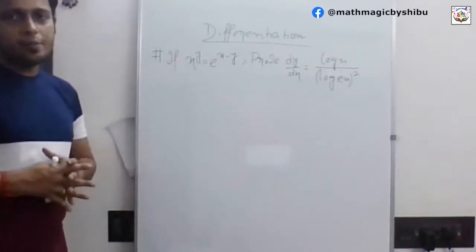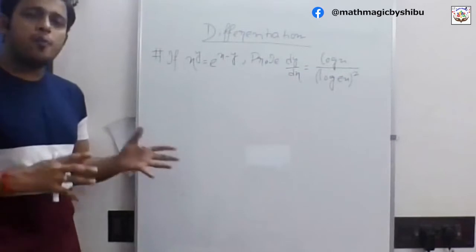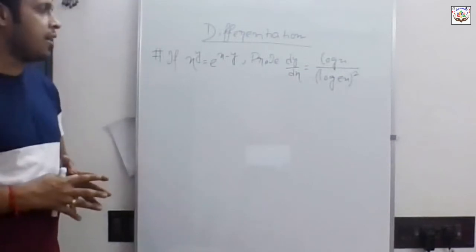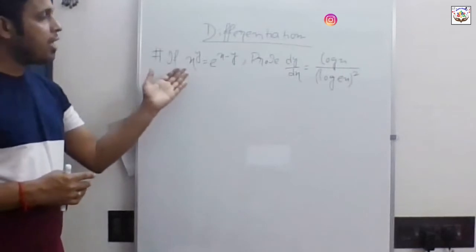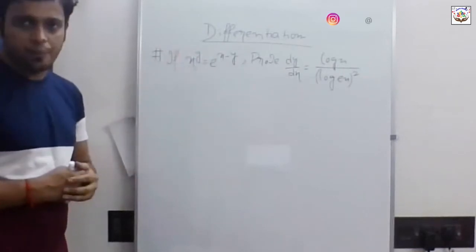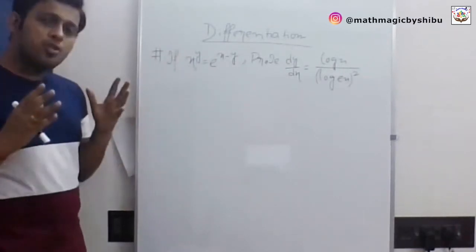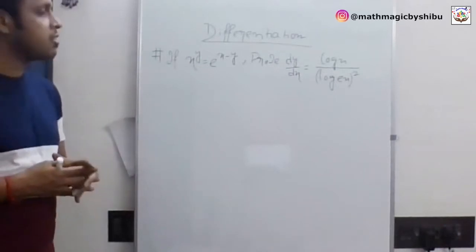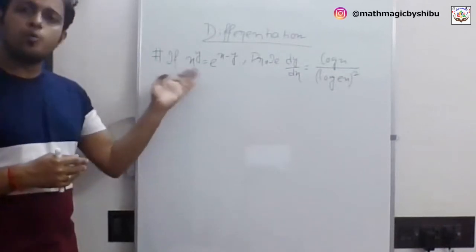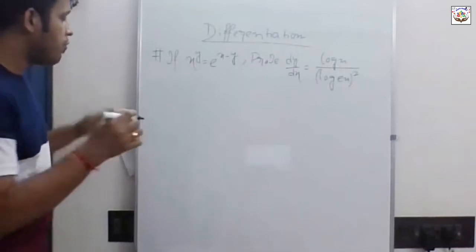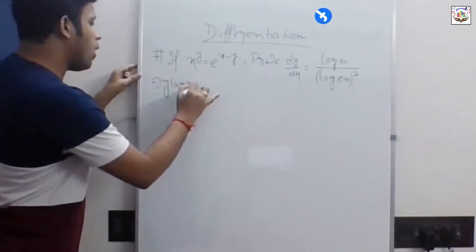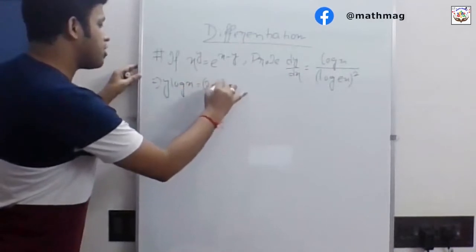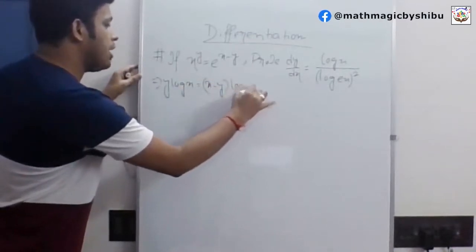If you can remember, I have told in a few of my differentiation videos that if we get this kind of expression, like any function to the power another function, then in almost every one of these cases we will apply log on both sides. So we will get y log x equals (x minus y) log e.